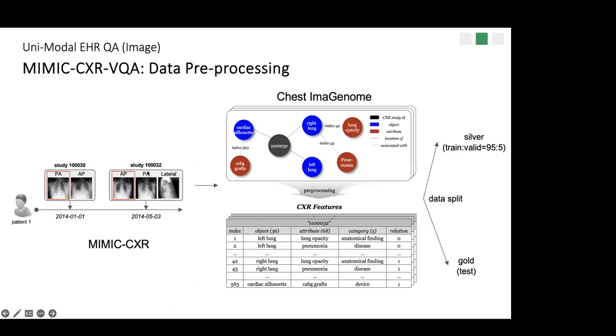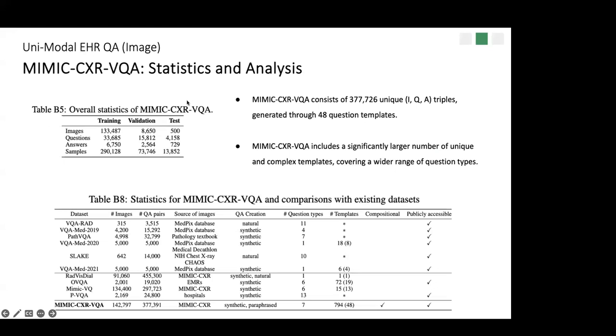Starting from MIMIC-CXR and Chest ImaGenome, we started building question answering datasets. We took only the frontal images from MIMIC-CXR and combined that with Chest ImaGenome, the knowledge graph, to build a question answering dataset.